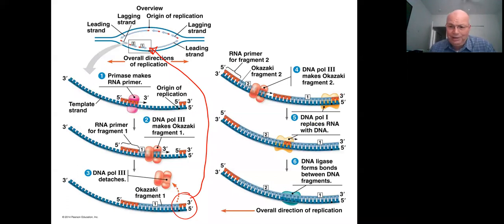So at least now we have DNA nucleotides. But the one thing that it can't do is link up the gap between what is now a 3' end and a 5' end, because you're going to have a gap there.